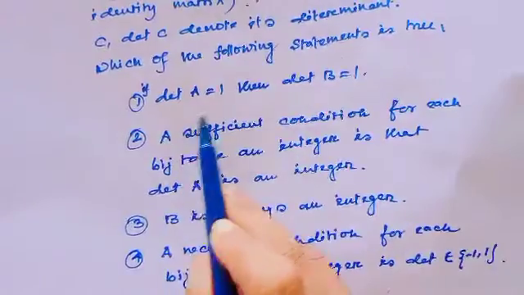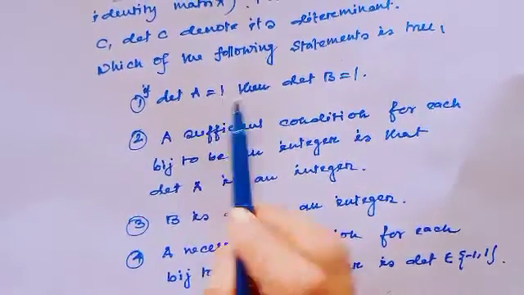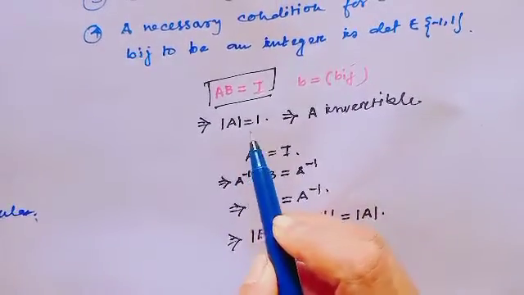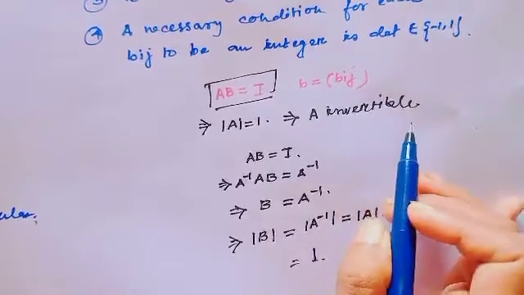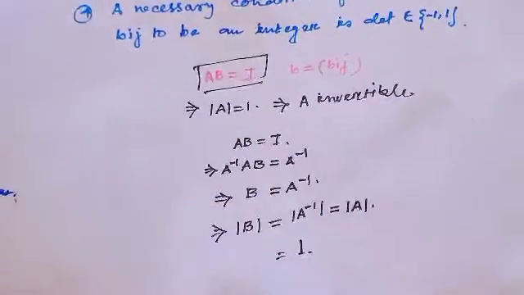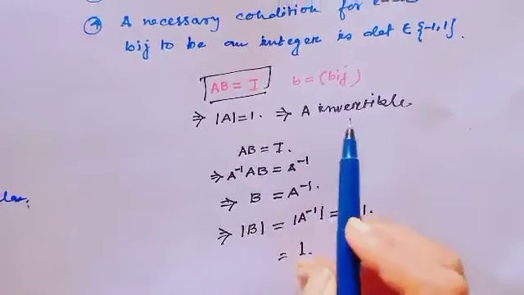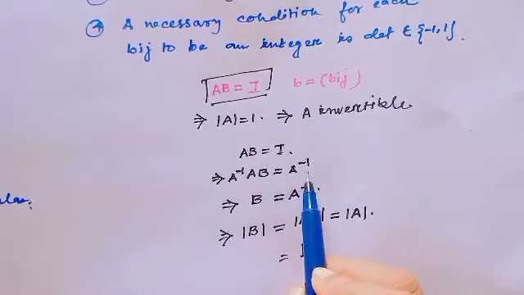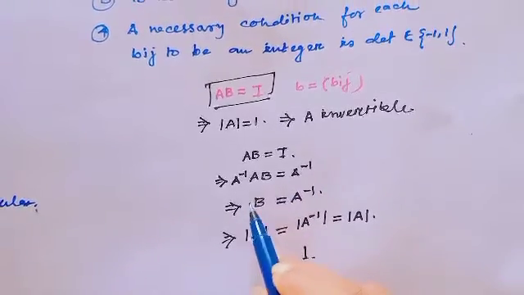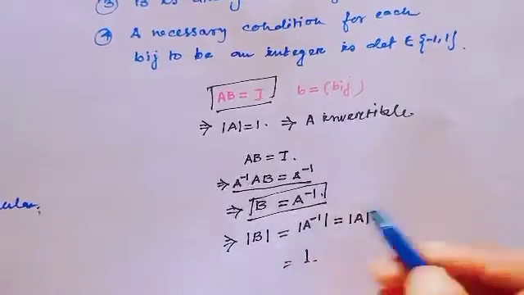Given AB equal to I. For option 1, the condition is if determinant of A equal to 1, that implies determinant of B equal to 1. Given determinant of A equal to 1, that means obviously A is invertible. And given AB equal to I, since A is invertible, now multiply this equation by A inverse. This implies B equal to A inverse.